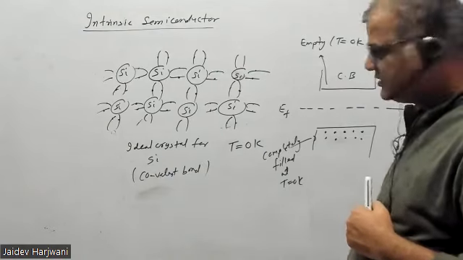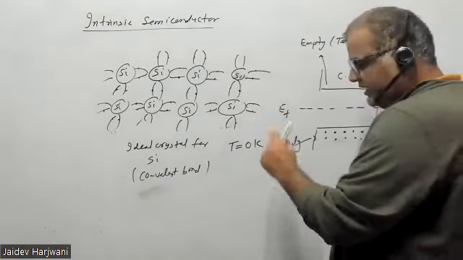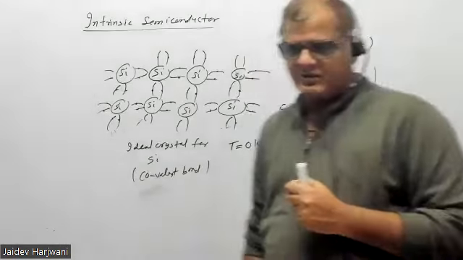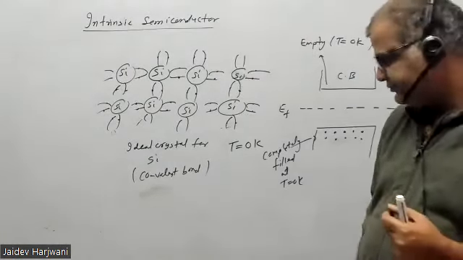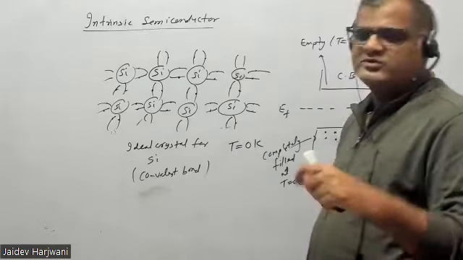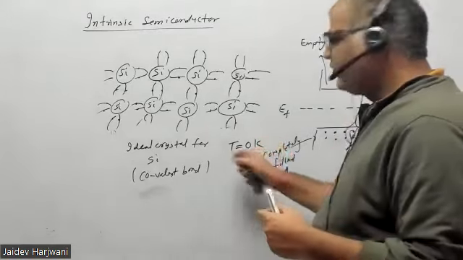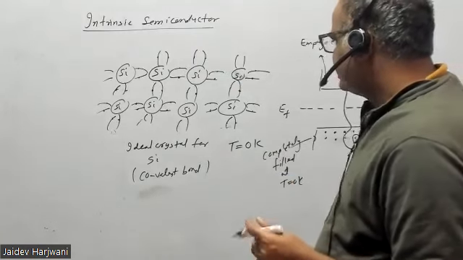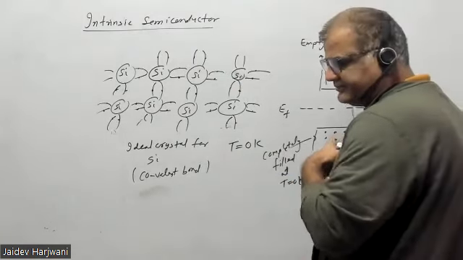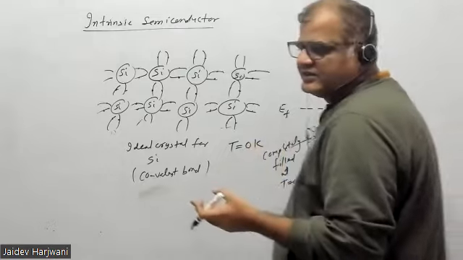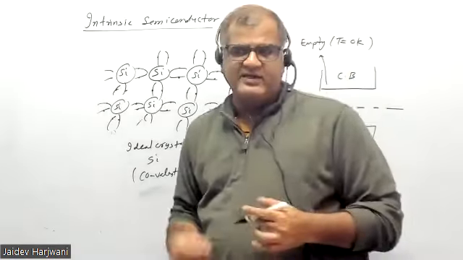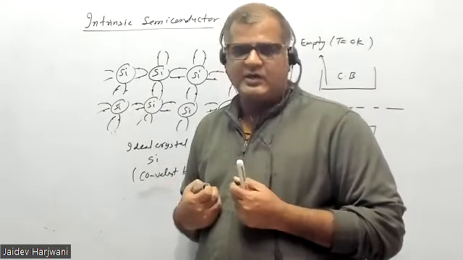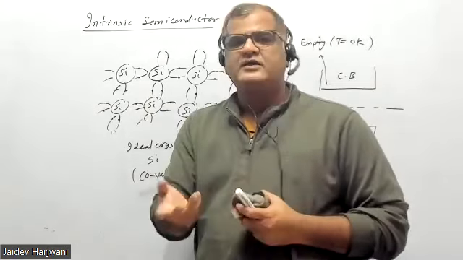Now the situation changes if you slightly increase the temperature, say to room temperature, which is 300 Kelvin. Slowly, because of thermal energy, as well as the surrounding energy, you can't keep your semiconductor in the dark.